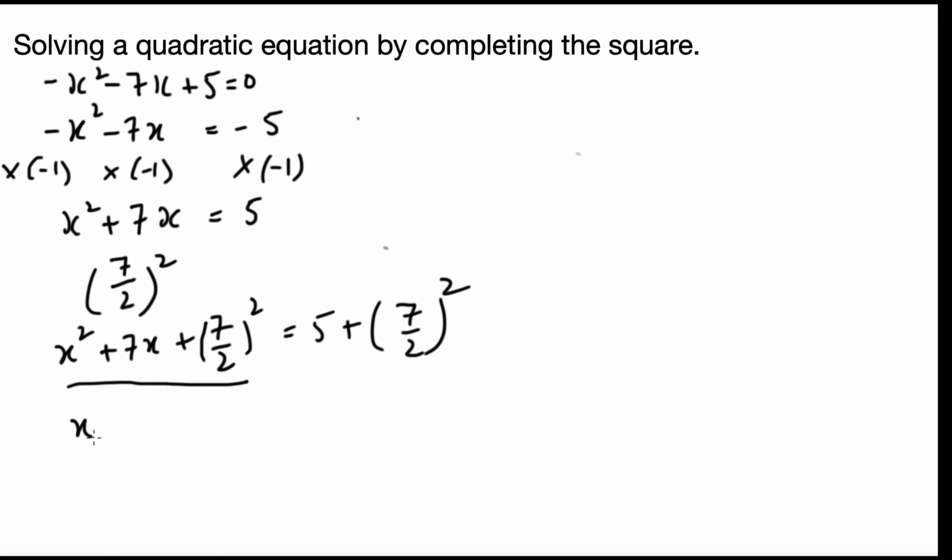This makes (x + 7/2) whole squared. Seven squared is 49, 2 squared is 4.